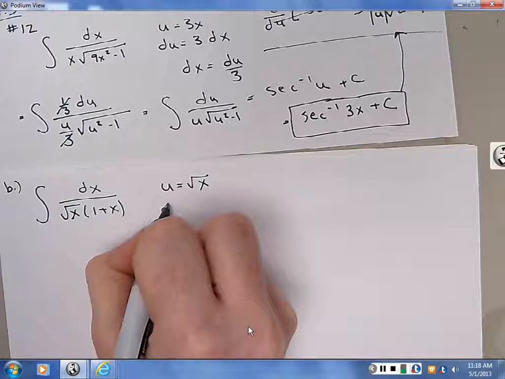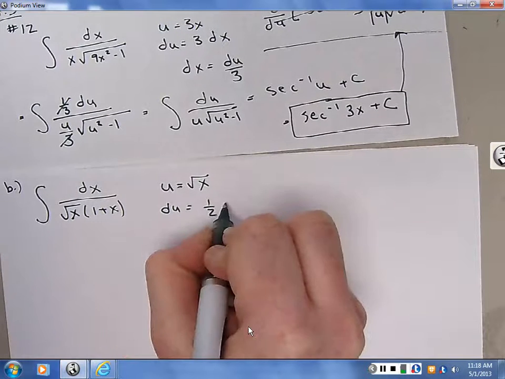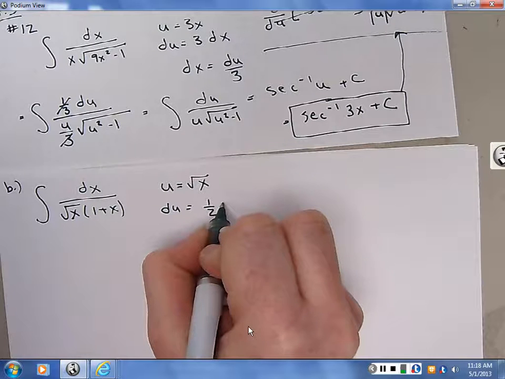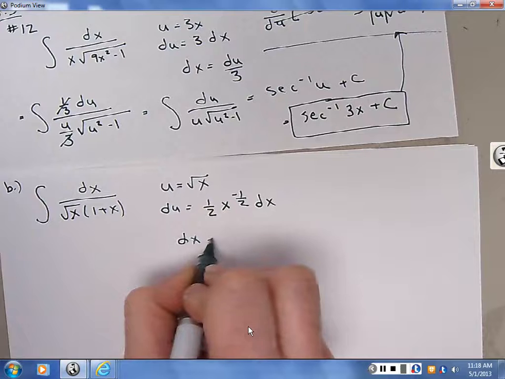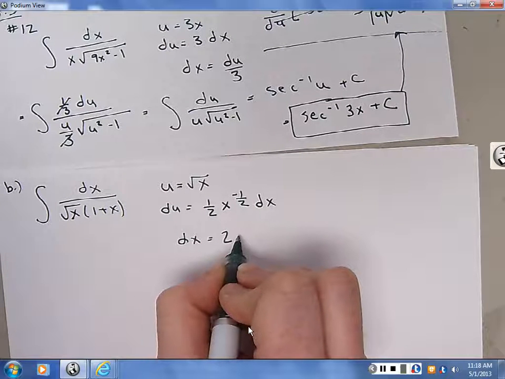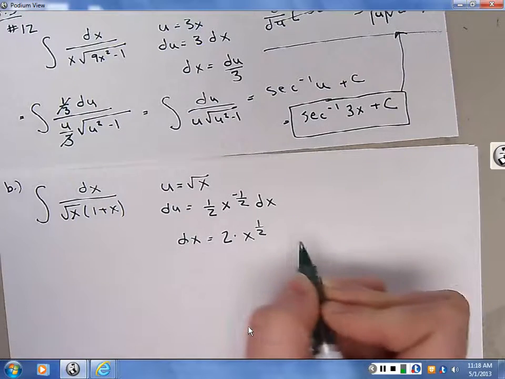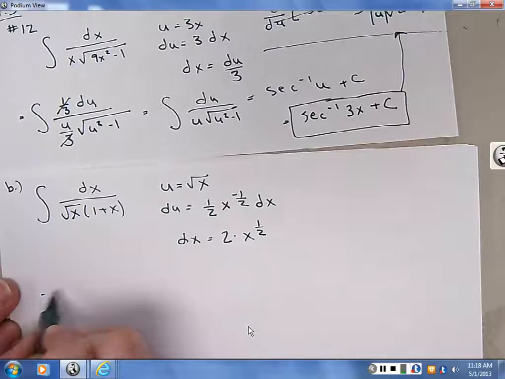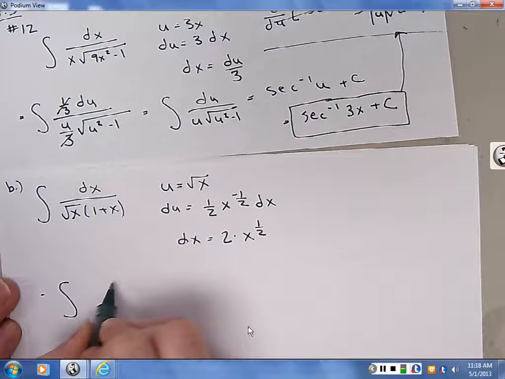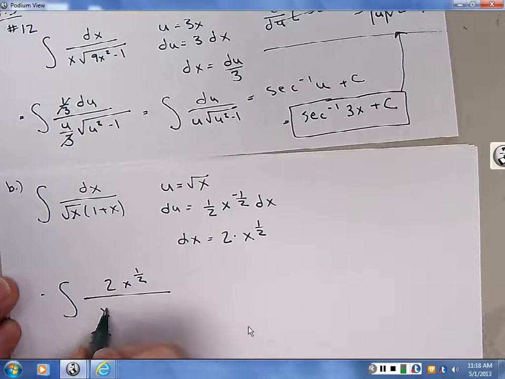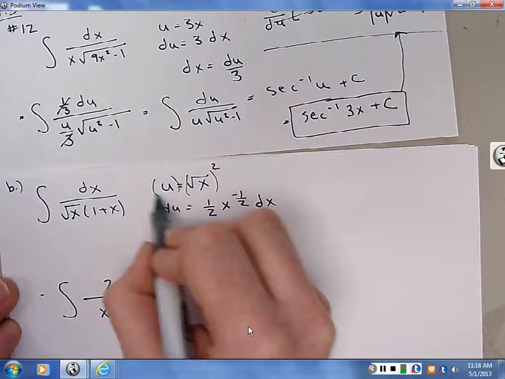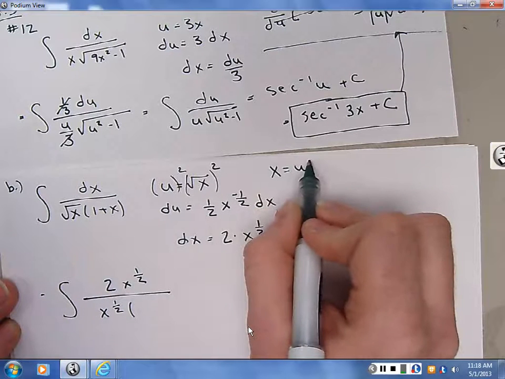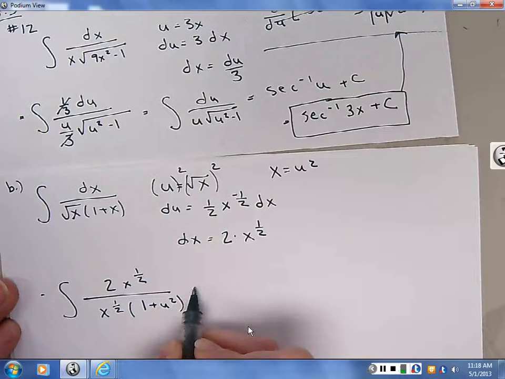So du becomes 1/2 x to the minus 1/2 dx. If I solve for dx, I have 2 times x to the 1/2. So I have the integral of 2x to the 1/2 divided by x to the 1/2 times 1 plus x squared, but if I square both sides, x equals u squared, so I have 1 plus u squared du.